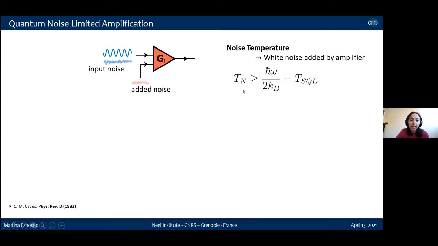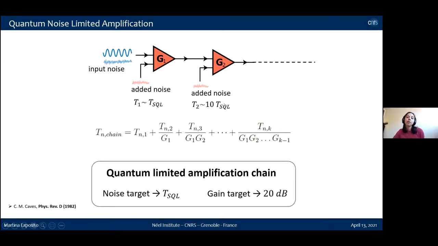So the goal is to develop an amplifier that can reach a noise temperature very close to the standard quantum limit. And in fact, typically in experiments, you don't have just one amplifier, but you have a chain of amplification, and typically these amplifiers are sitting at different temperature stages, and you can show that the noise temperature of your chain is mostly dominated by the noise temperature of your first amplifier, provided that this amplifier has a gain which is high enough.